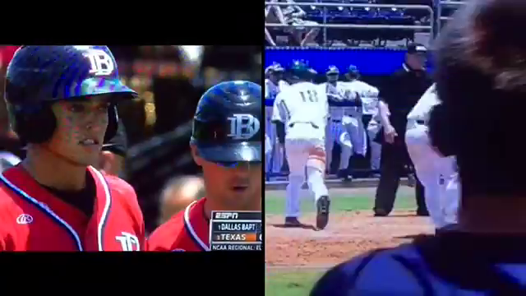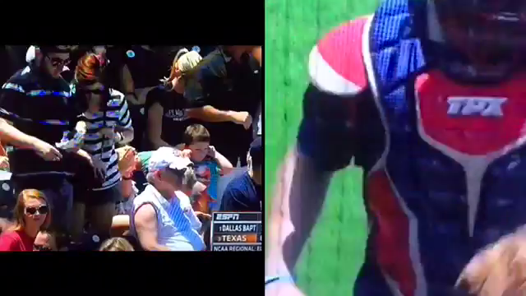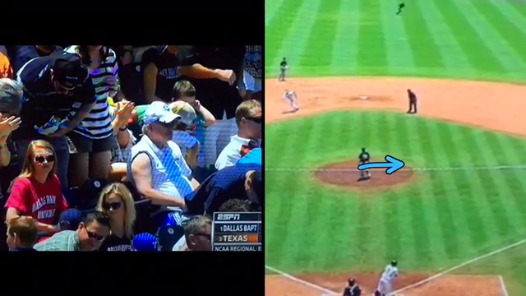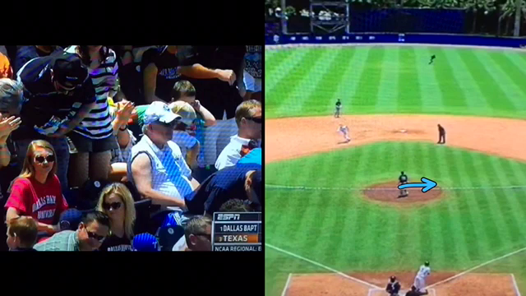Catch, tag. He is about, what's this? A foot? Not even. He's out by a foot. If you get a foot more in your secondary, you're probably safe. Instead of being here when the ball's hit, you're here, you're safe. If you're anticipating a little more, you're safe.